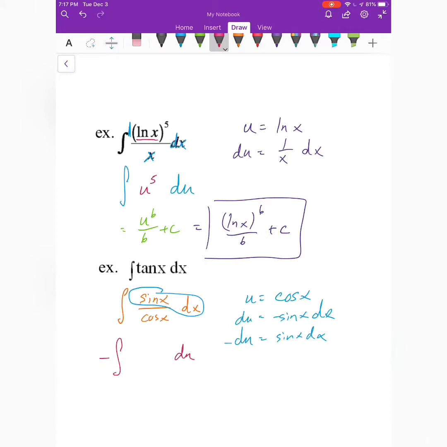And all you have left then is a u in the denominator, nothing on top, so that's a 1. And hey, what do you know? We have 1 over u du. So the integration of 1 over u du is the ln of the absolute value of u. Don't forget that negative needs to come down. You still have a plus c. And in the middle here is u, which is cosine x. So our answer is this.